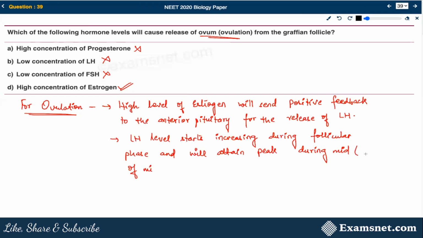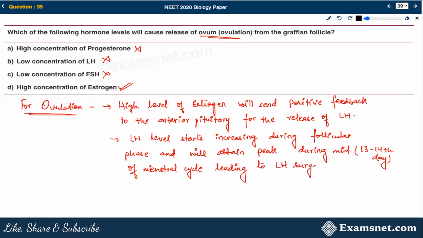Mid usually means the 13th to 14th day of the menstrual cycle, leading to the LH surge.